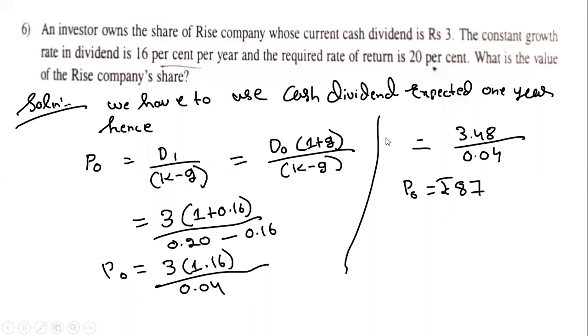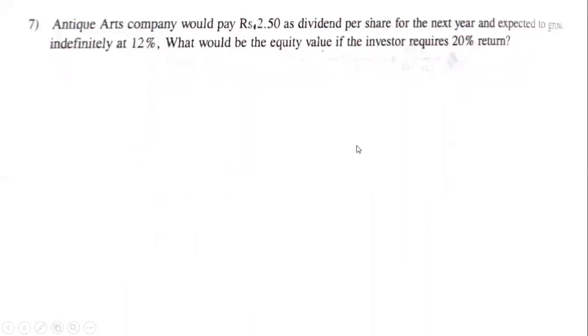So let's type in this problem. We saw that the current cash dividend is given, and let's solve another type of problem. Antique Arts company would pay rupees 2.50 as dividend per share for next year and expects it to grow indefinitely at 12%. So what would be the equity value if the investor requires 20% return? In the last problem we saw the dividend was for the current year, and here it would be paid next year. So here there is no need to add the growth percentage.